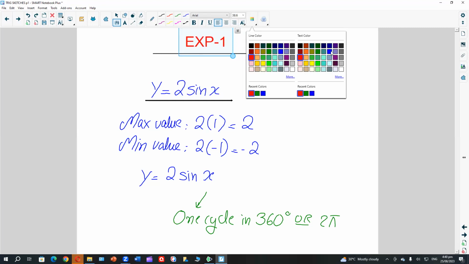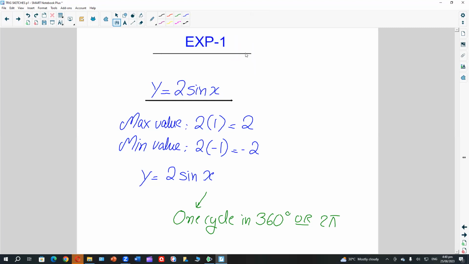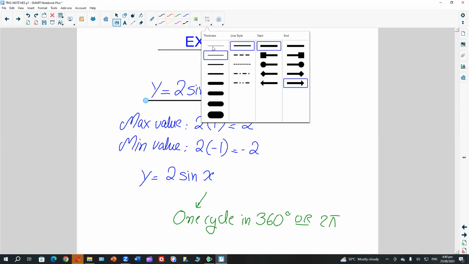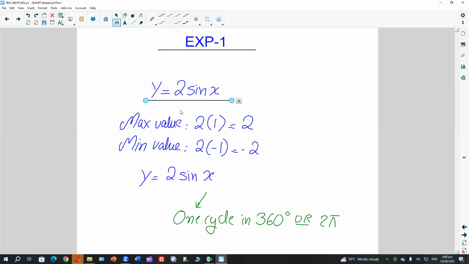Look at this example question, which is basically y is equal to 2 sine x. You first see how I have shown the amplitude. I have shown it from the equation. Now, whenever you are dealing with a trigonometric function, you have to remember that the maximum value is 1.